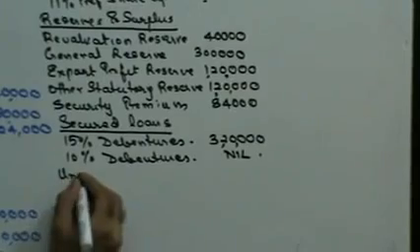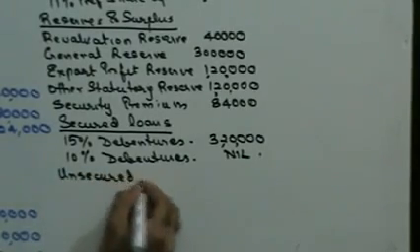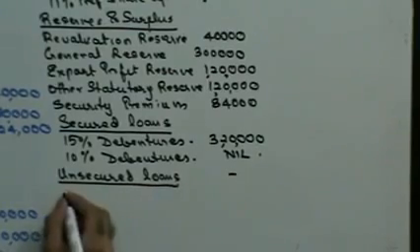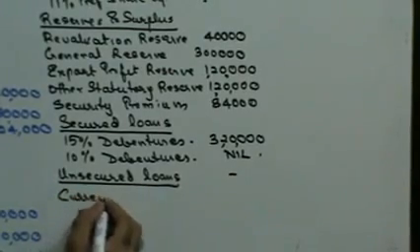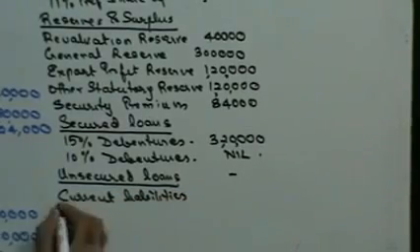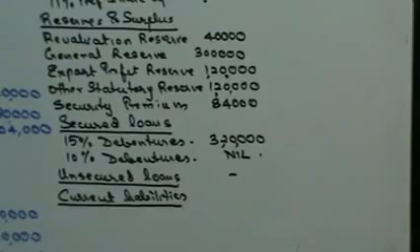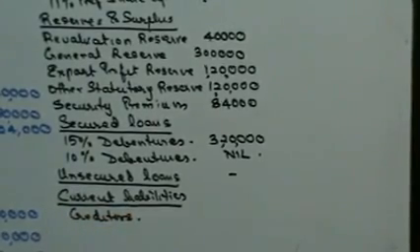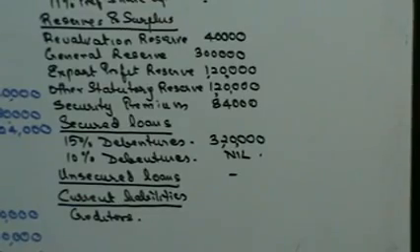Next, unsecured loans. Not given. Current liabilities. Under current liabilities, you have sundry creditors. Creditors were 3,20,000 and you've taken over creditors of 3,80,000. 320 plus 380, 7.